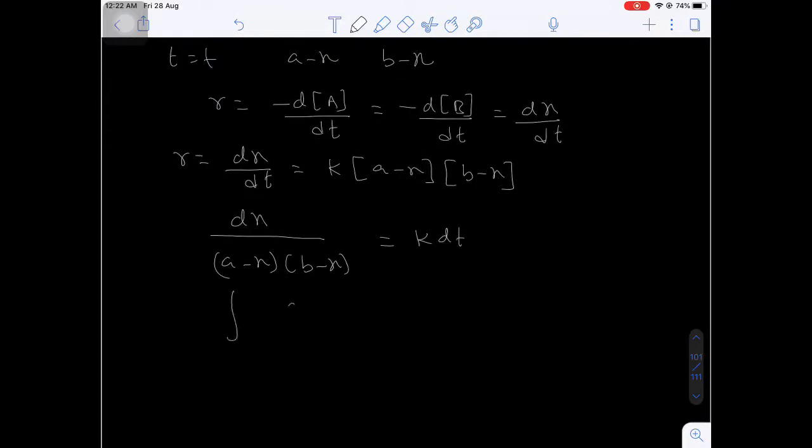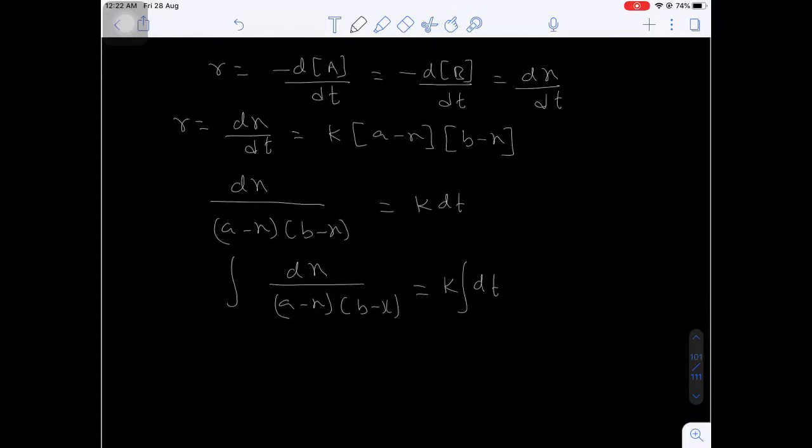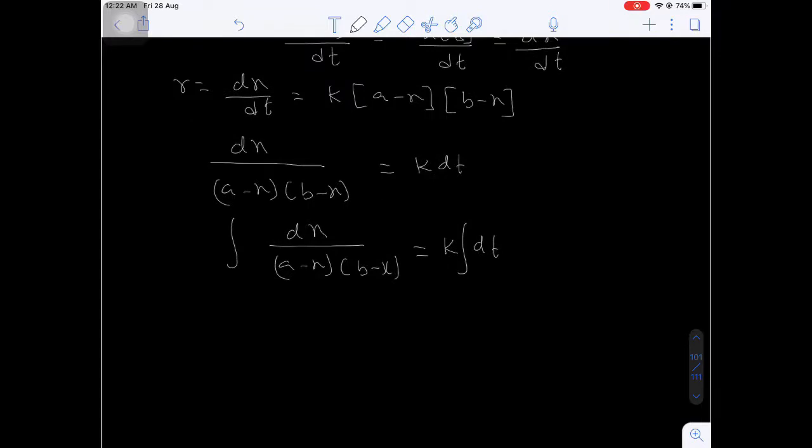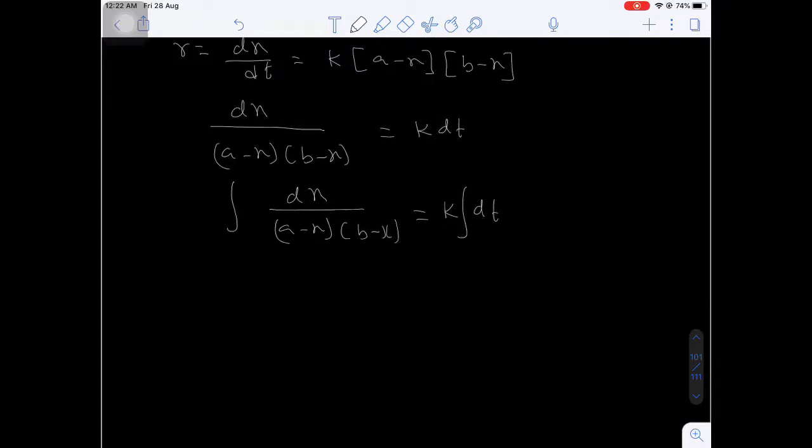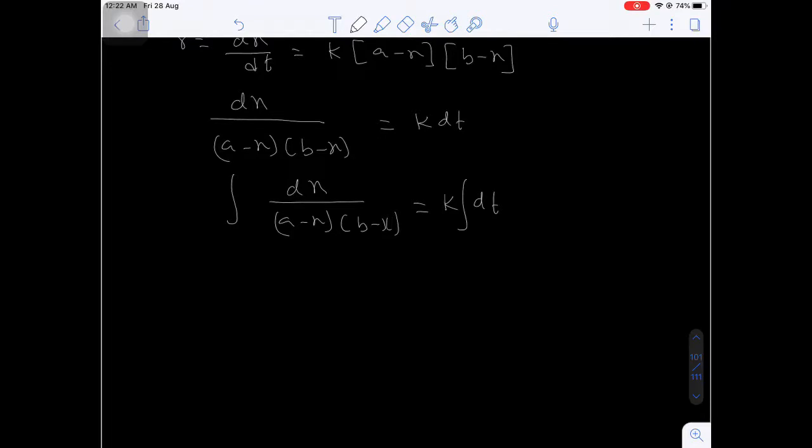Now integrating on both sides, integral dx by (a minus x) into (b minus x) will be equal to integral k constant, so dt. Now integral dx by (a minus x) into (b minus x) will first of all be converted into partial fractions.